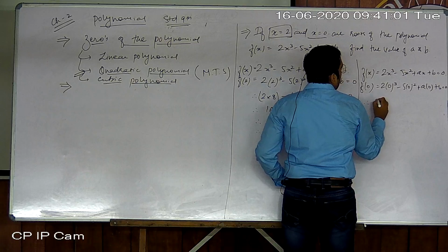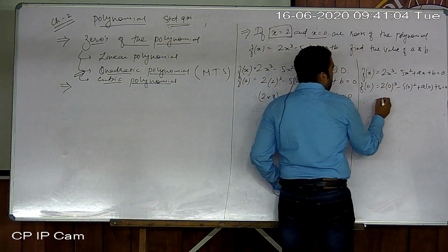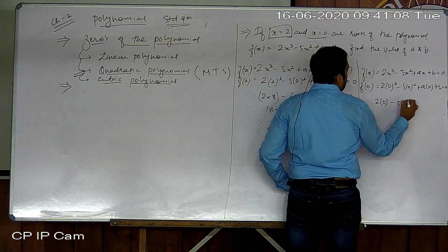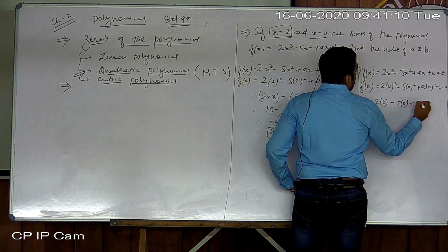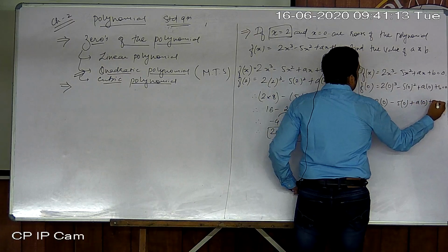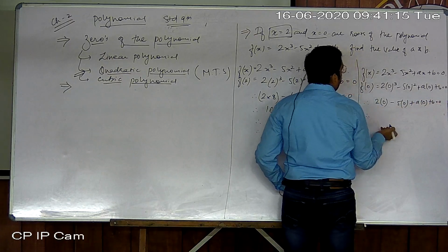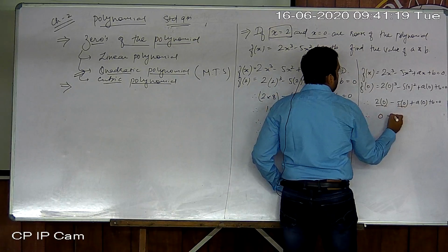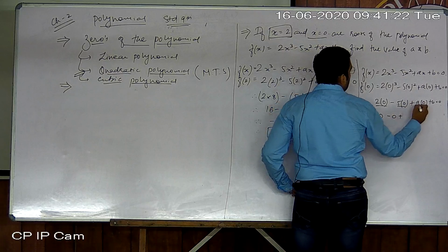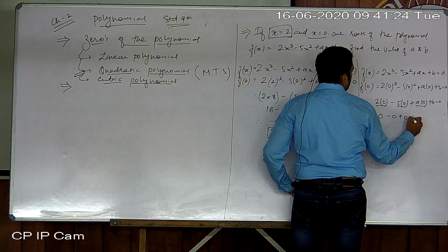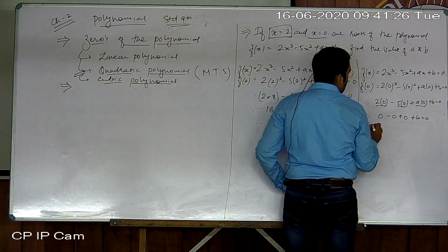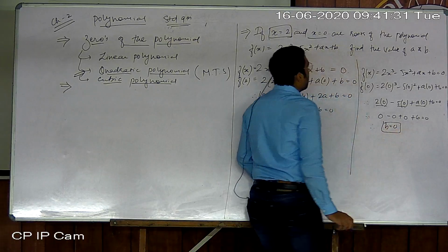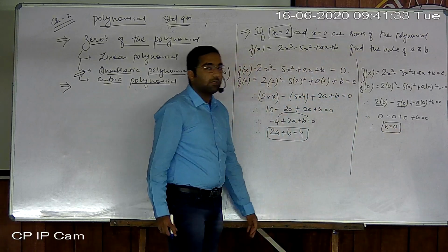Therefore 2 into 0 is 0, 5 into 0 is 0, a into 0 is 0, plus b equal to 0. Therefore my answer for b is 0.